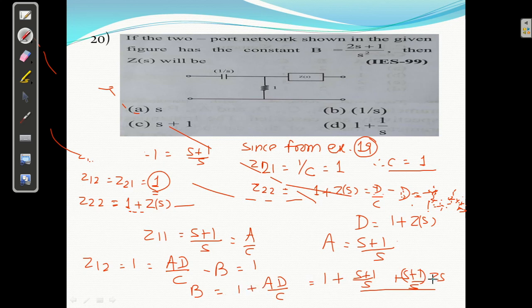So if you solve it, you will get ZS equal to 1 by S.